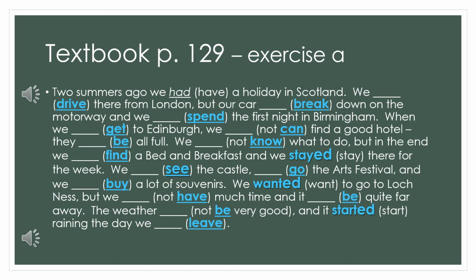Now let's go back and work on exercise A on page 129. We will now finish the irregular verbs. Please remember, irregular verbs do not follow the regular verb formation. They are spelled in a different way.